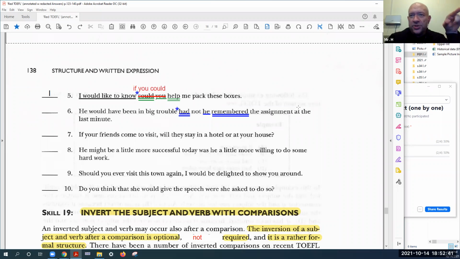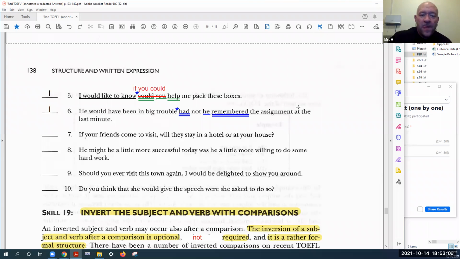Incorrect. Oh, you're right. So how do I fix it? Delete not. Don't change it from a negative to affirmative. We don't want to change from negative to affirmative. How do I fix it and still keep the negative?